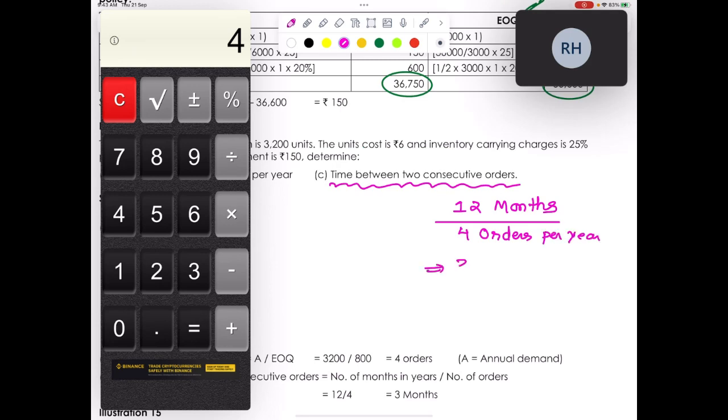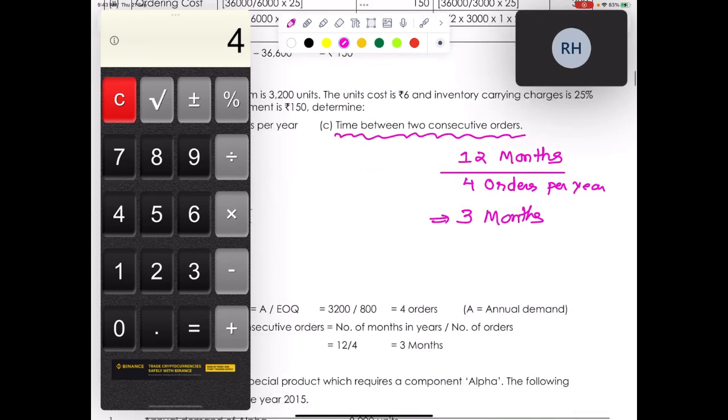It means if I place an order on 1st January 2023, this 3 months indicates that whenever you have placed an order, the next order should be placed after 3 months. In Hindi, if I placed an order today, then I have to place the second order 3 months from today.